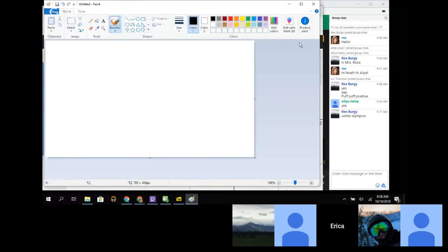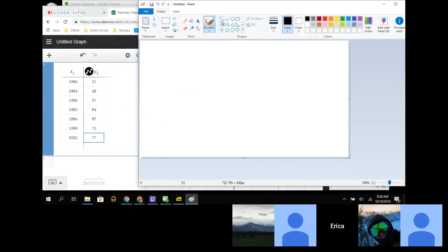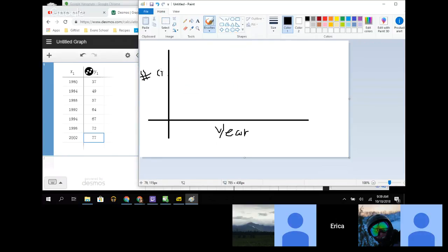If you were doing this manually, right, you have your data, you're going to draw an X and a Y axis, right? So down here at the bottom, we would put year, right? And over here on the side, we would put number of countries. My pen doesn't want to work today on the screen.